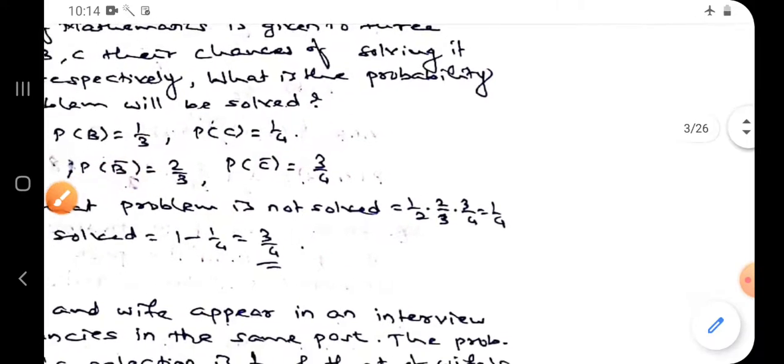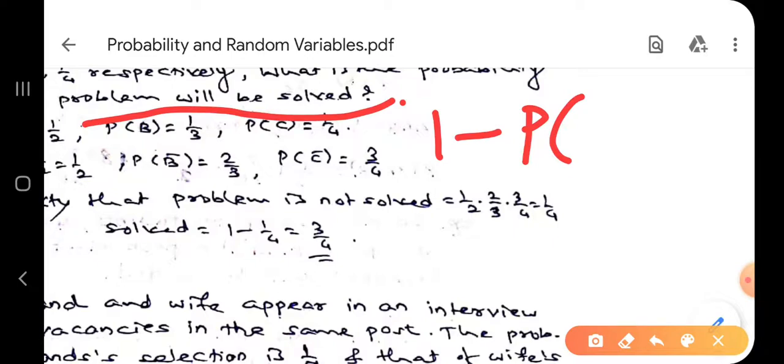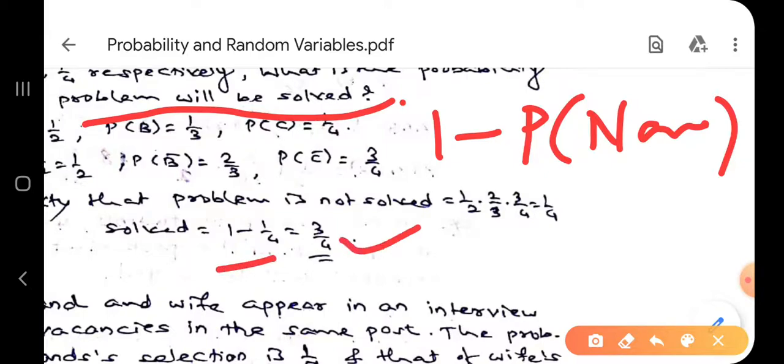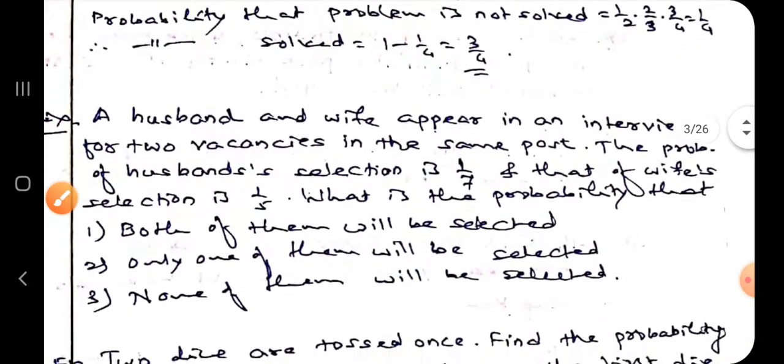Understood? Now our actual answer: the probability that the problem will be solved is 1 minus the probability that none solves it. So 1 minus 1 by 4, and your answer is 3 by 4. Understood this problem? Okay.